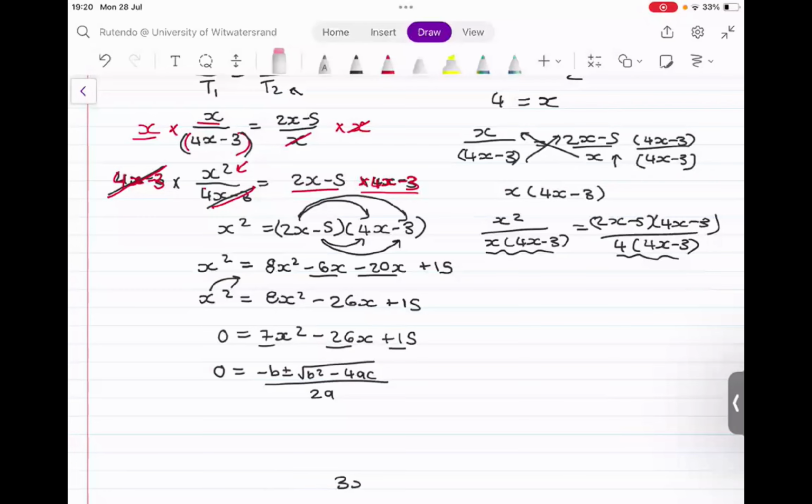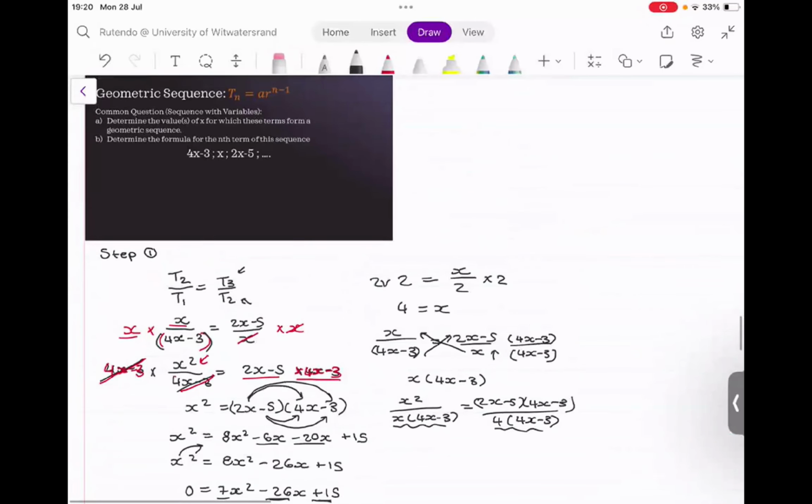When we substitute in a, which is 7, b, which is minus 26, and c, which is 15, we should get x equals 3 or x equals 5 over 7. Those are the two values.